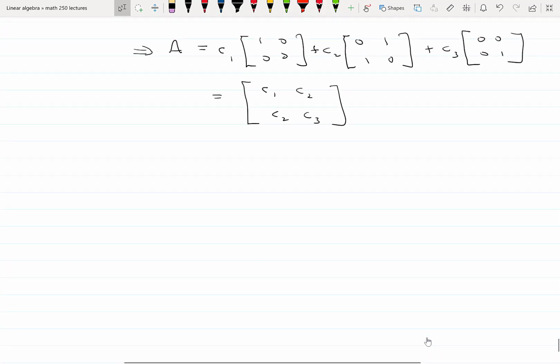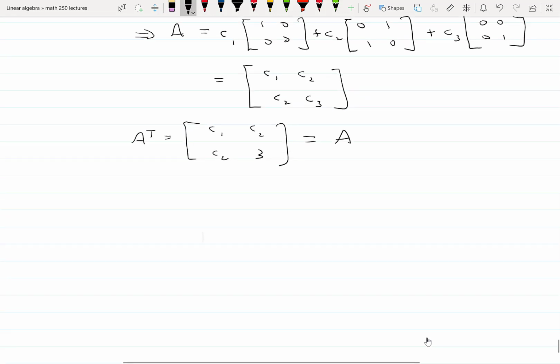Do you recognize these matrices? C1, C2, C3 are just real numbers, any real number, arbitrary, like a constant of integration. What do you notice about A transpose? A transpose is C1, C2, C2, C3. That's A.